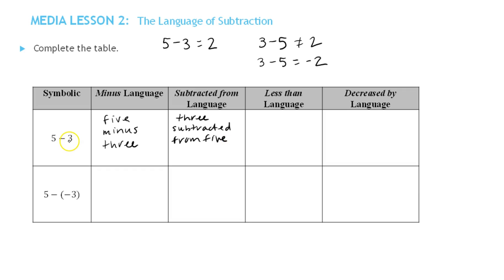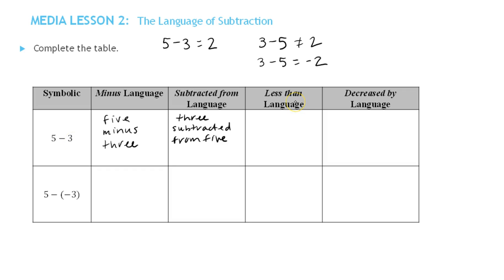So we're subtracting the number 3 from the original number 5. Notice this is important because if you read this left to right, 3 subtracted from 5, it might be tempting to write 3 minus 5, but that's incorrect. This is equivalent to 5 minus 3.